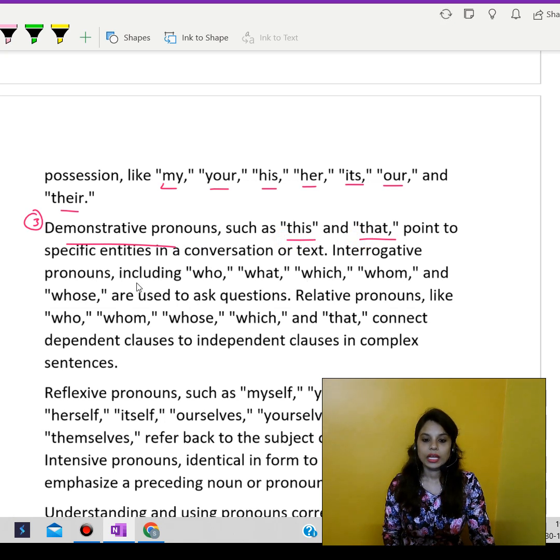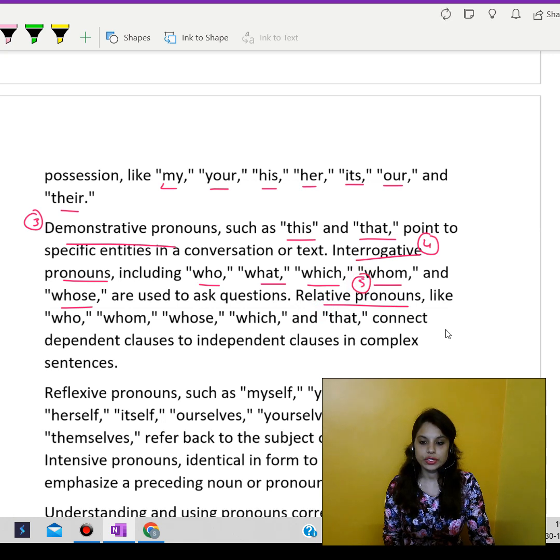Then interrogative pronouns means question type of pronouns like who, what, which, whom, whose. Then relative pronouns, the fifth division of pronouns: who, whom, whose, which, that.